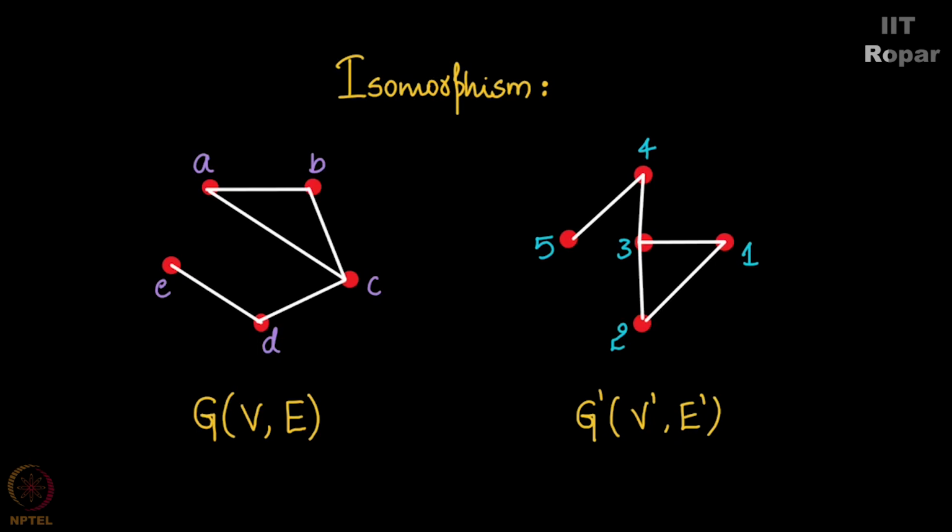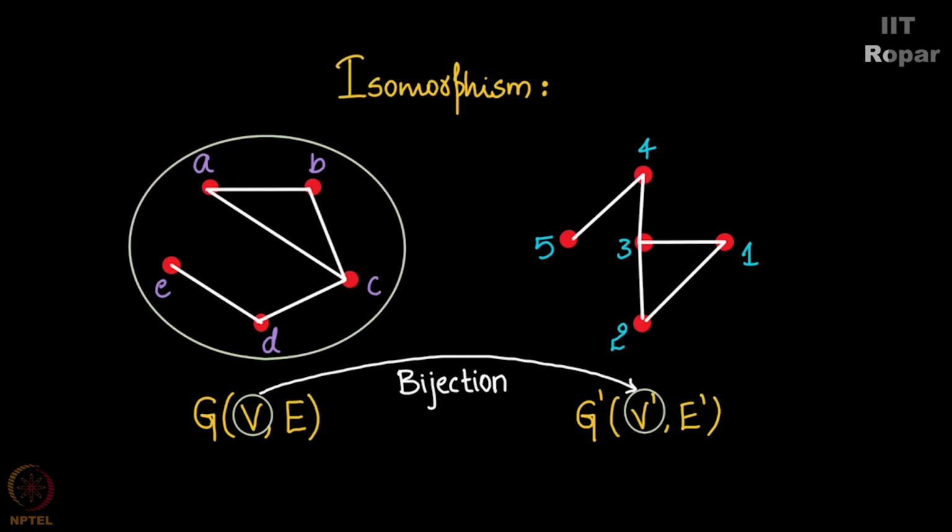So V and V dash obviously are of the same cardinality. Isomorphism is basically a bijection, a 1-1 and onto function from V to V dash. Why do I say that? I want all the nodes here to be mapped to all the nodes here, and it should just be renaming of the nodes. So it should obviously be a bijection.